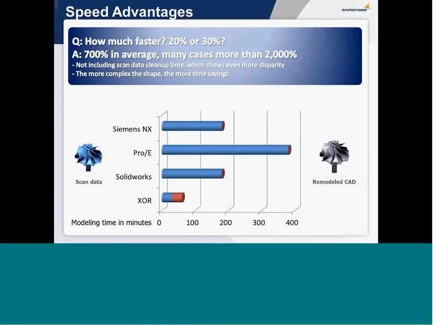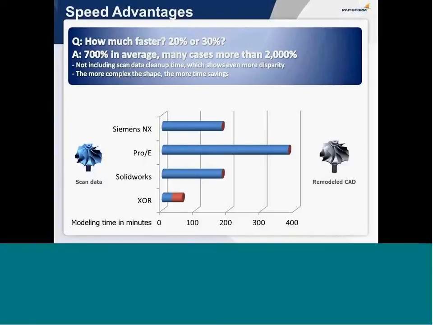Let's have a look at that chart. We worked with a neutral service company, and we compared the reverse modeling from the scan data of a compressor wheel to the reverse modeled CAD. That was done in Siemens NX, in Pro Engineer, in SolidWorks, and in XOR. We can see in XOR, we need at least half an hour.